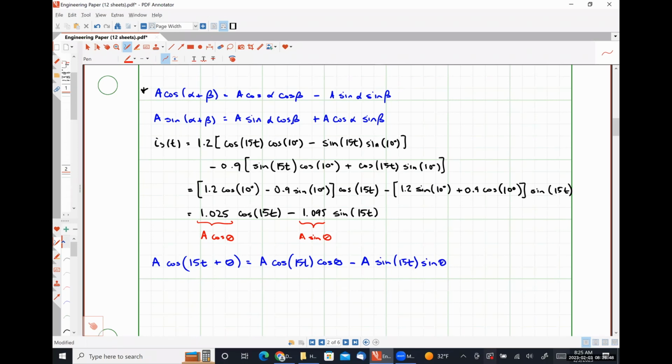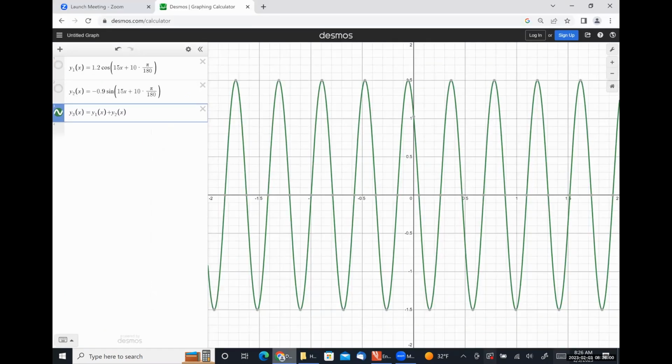Allie, yes, ma'am. So why are we doing this? Fantastic question. How do I make the sum of those two independent sinusoidal quantities? How do I get it in the form of a single sinusoid?